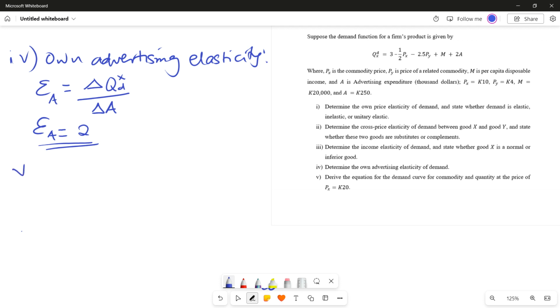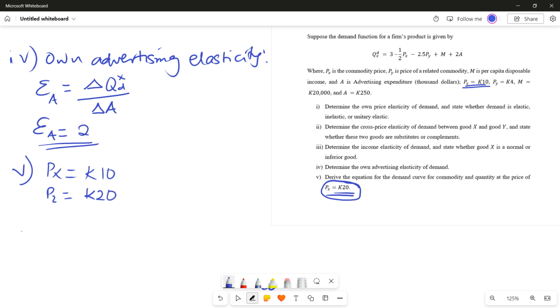Part 5 is saying, can we derive the equation for the demand curve for the commodity and quantity at the price of 20? Given that everything else is as it is, only px has changed, because initially px was 10. So the price of x was 10 initially, but now it is 20.